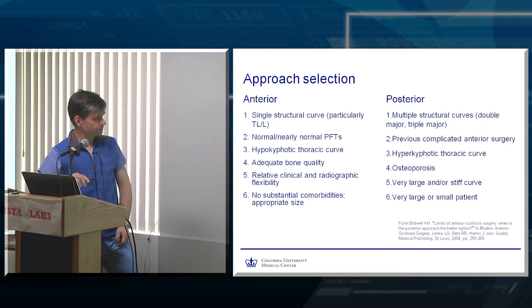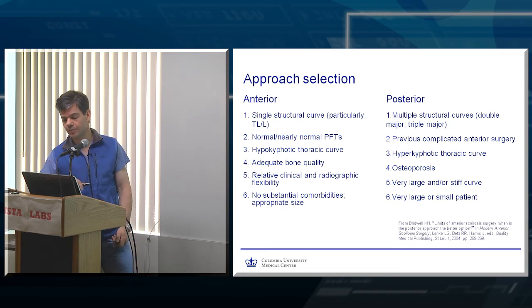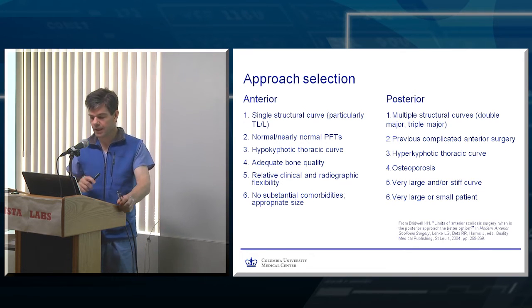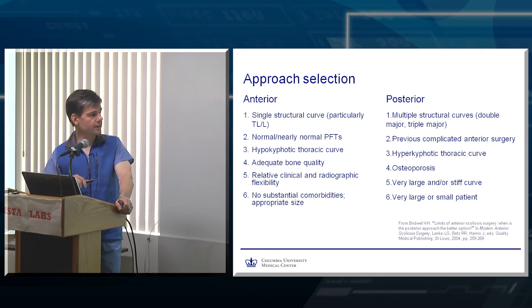For the most part, the patient should have normal or nearly normal PFTs, since there is the potential for slight decline in pulmonary function. A hypokyphotic thoracic curve would be a reason to go anteriorly, since this is generally a kyphogenic operation going in anteriorly. Need to have adequate bone quality, relative flexibility, and you don't want a very large child or any other significant comorbidity.